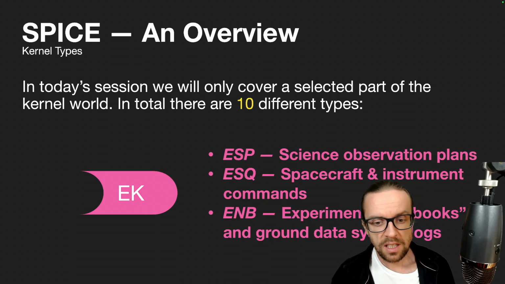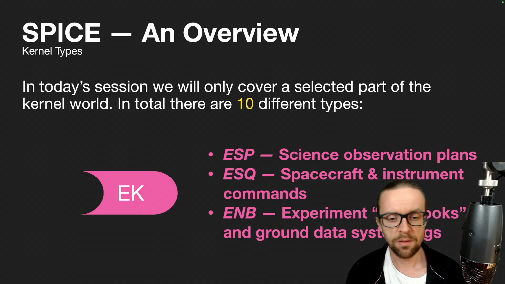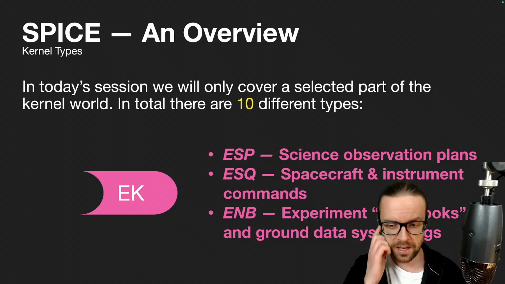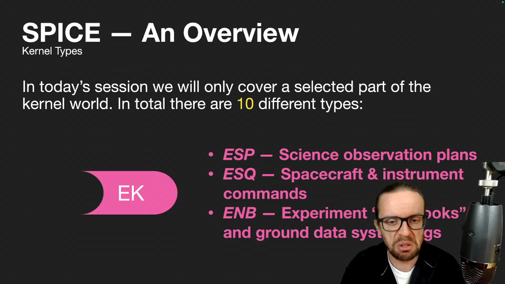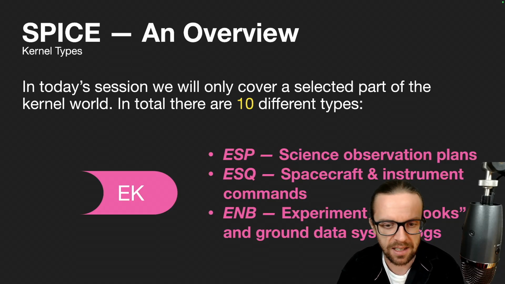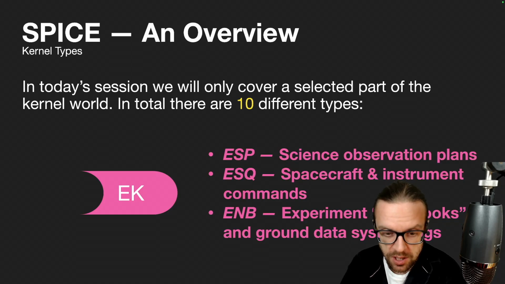Then we have also the EK. This is like the event kernel. It's also differentiated in 3 parts: science observation plan, observation instrument commands, and also some notebooks and so on. I never used that so far. Maybe I'm more the data scientist, more on the science end. Maybe this is more used by the engineers.